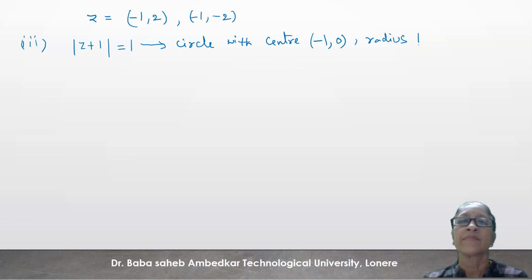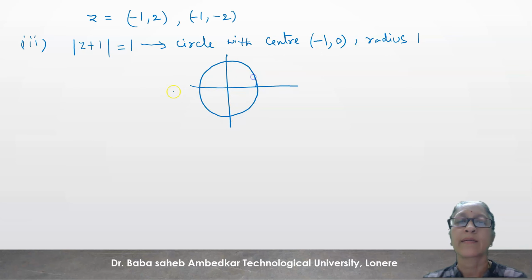If you draw this circle, this is the real axis, this one is the imaginary axis, this is the origin.